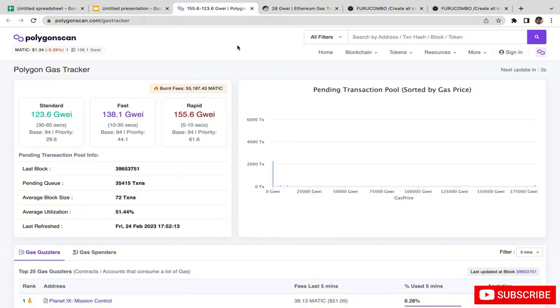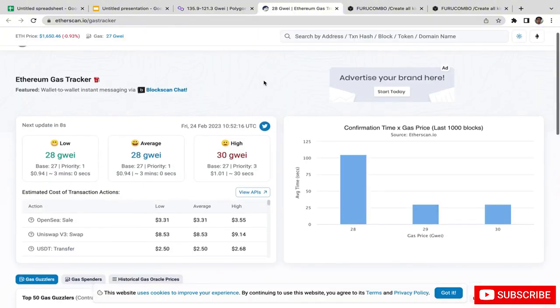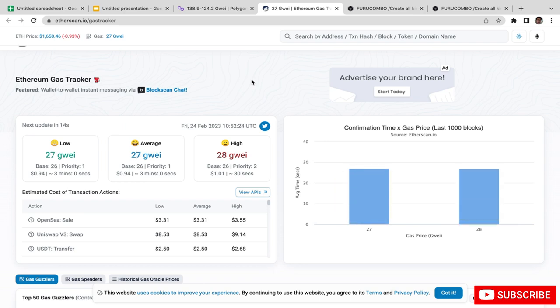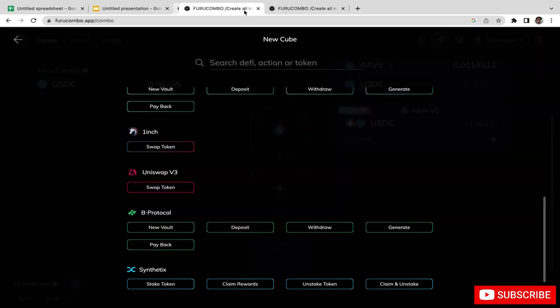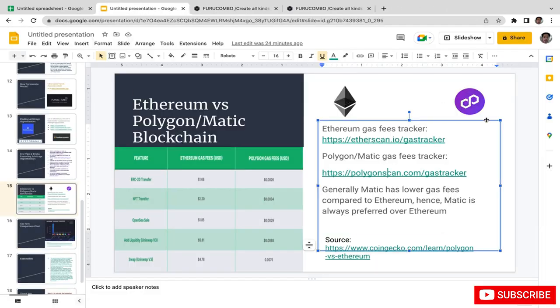This is for Polygon, and this is for Ethereum. Every day is going to be different. It fluctuates, maybe not that significantly, but it always changes. So that's how you track the gas fees for Polygon and Ethereum.